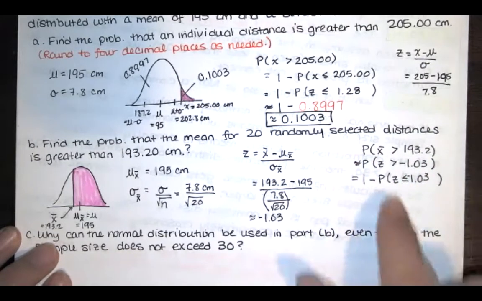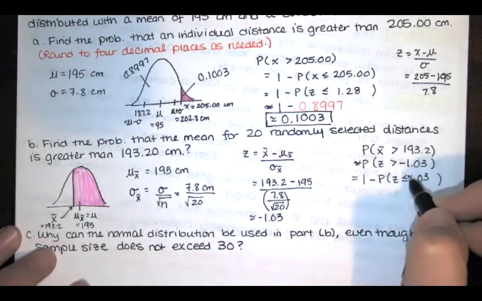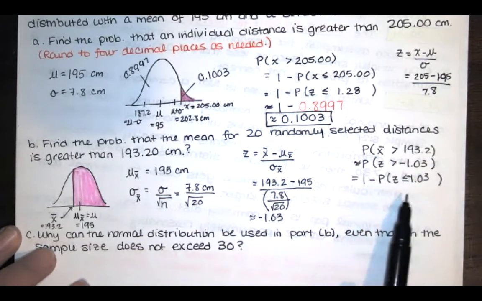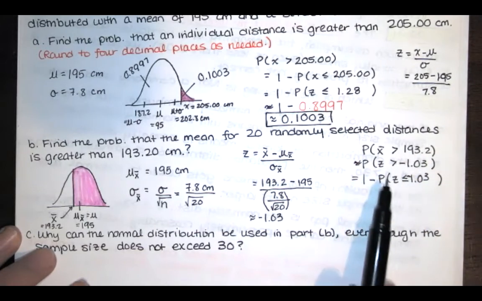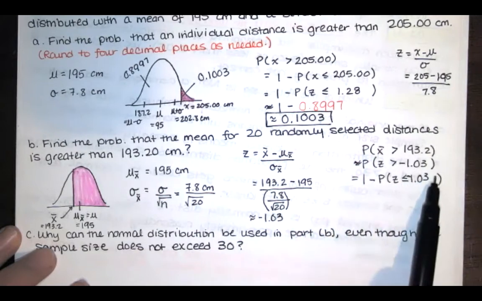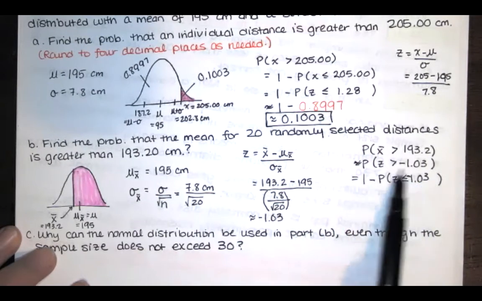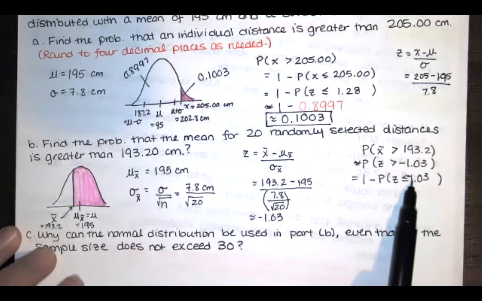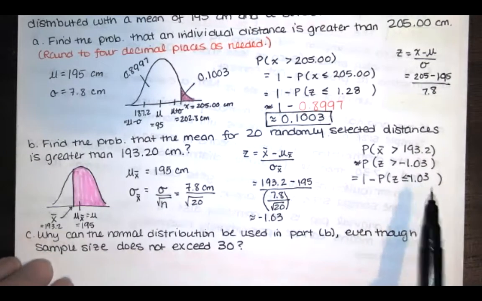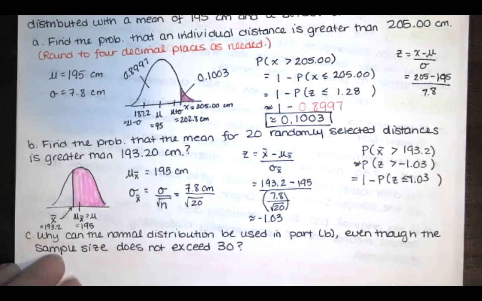Now, in order to find this using table A2, I have to use the area to the left, not the area to the right. So I'm going to use table A2 to find this now. And since this is a negative Z-score, I'm going to use the negative Z-scores page of my table.